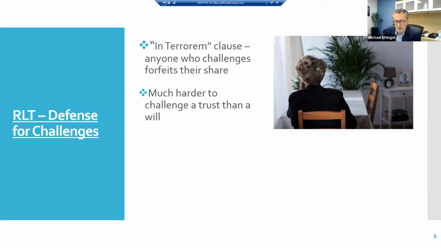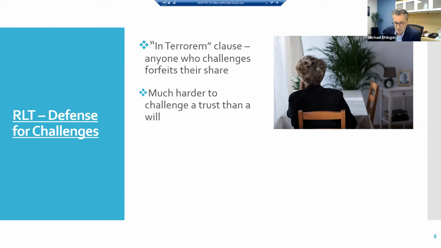Will contests are often settled in favor of the illegitimate heir, and the reason is that it's in court and the legitimate heirs cannot get their share until the case is settled. Well, they want their money now. So they say, okay, how much will it take for you to go away? They'll often settle because otherwise you could be tied up for years in a court proceeding.